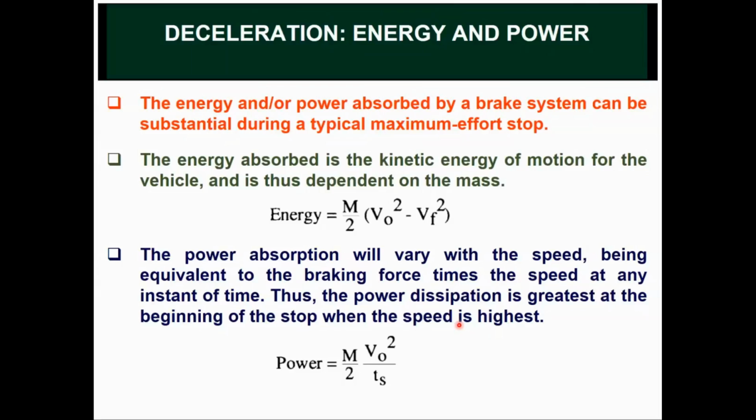Okay, and then the equation we can express as power dissipation as this equation m over 2 times v. This v is the initial punya speed over ds.